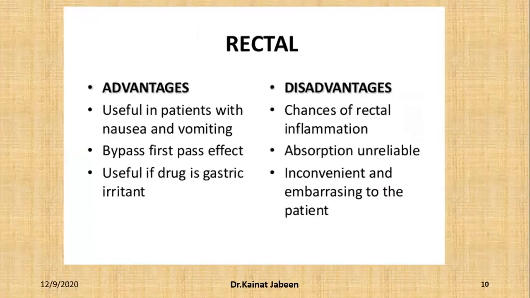Advantage of the rectal route: it is used in patients with nausea and vomiting. It bypasses the first pass effect, and is useful if the drug is a gastric irritant. If the drug is going to cause gastric irritation, then you can use the rectal route. Disadvantages are chances of rectal inflammation, unreliable absorption, and it is inconvenient and embarrassing to the patient.